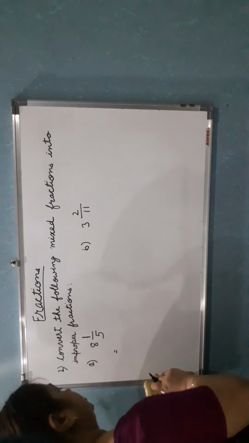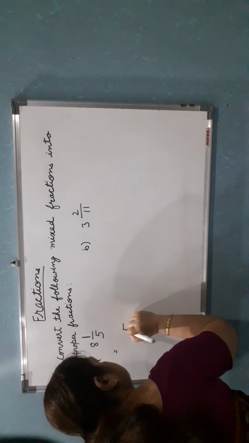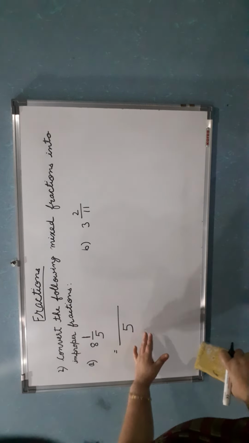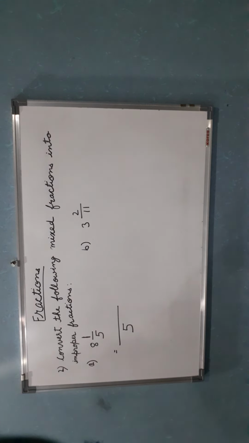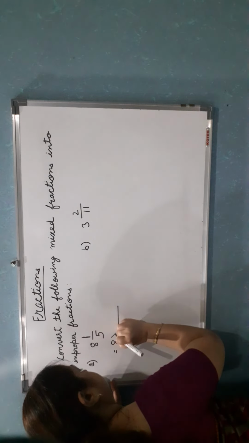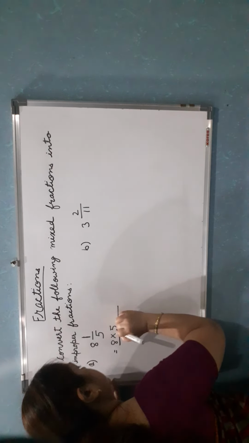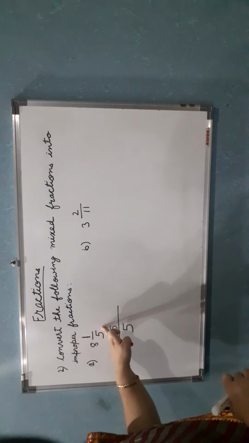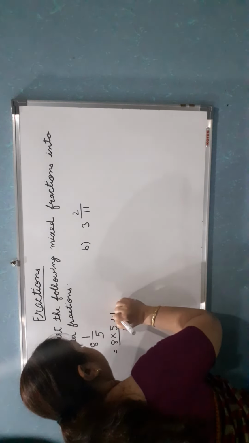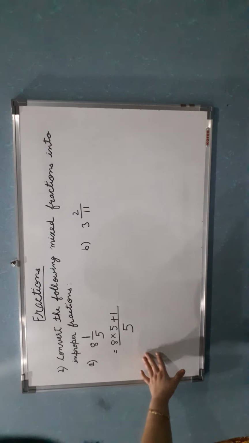So how will you write this? I am writing a little bigger so it will be visible to you. 8 into 5. This whole number multiplied by denominator and then plus numerator. This is the formula. Okay.